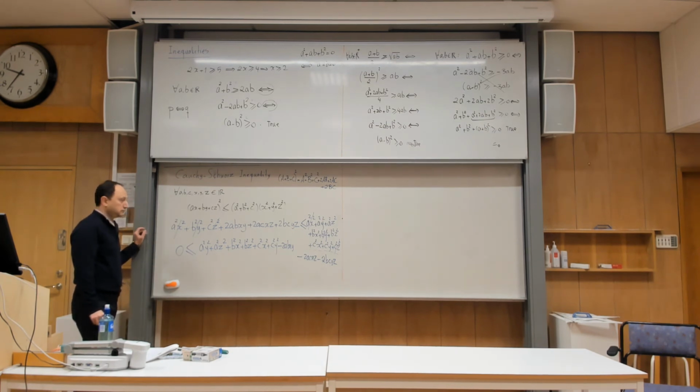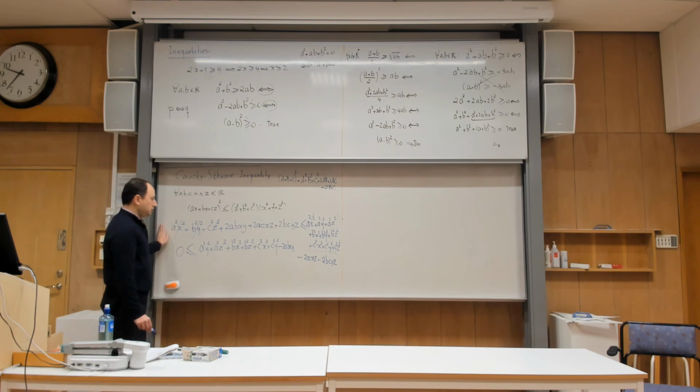Now you have the trinomial square on the right hand side with the minus signs. So you write it as (ay plus bx plus cz) squared, and then plus the other signs.